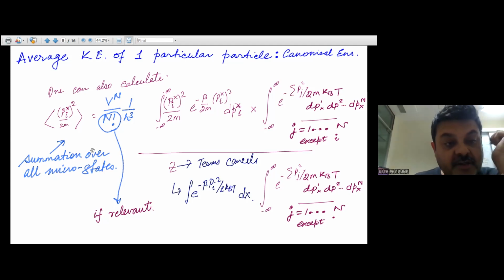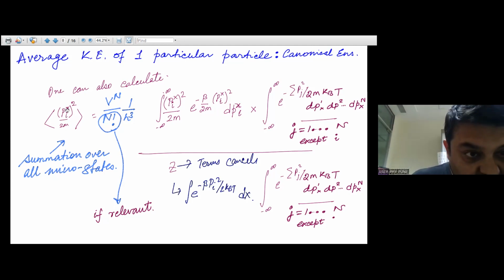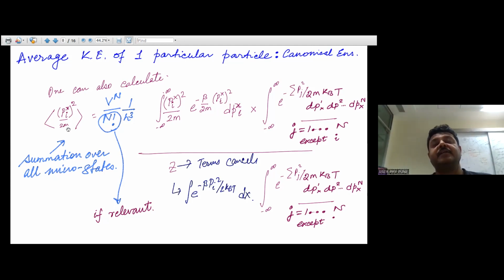So here we are calculating, for any ith particle, the x component of the momentum. The energy px squared by 2m is the energy corresponding to the x component of the momentum. The x component of the momentum can take any values from minus infinity to plus infinity.